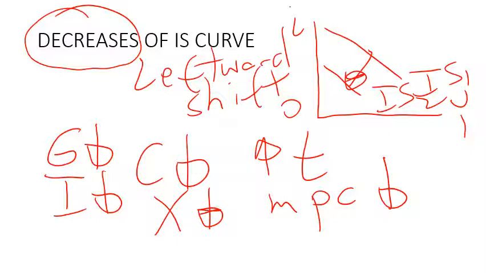And I didn't mention it when I was talking about an increase of the IS curve, but here I'll mention it. What could also decrease the IS curve is a fall in transfer payments. Okay.